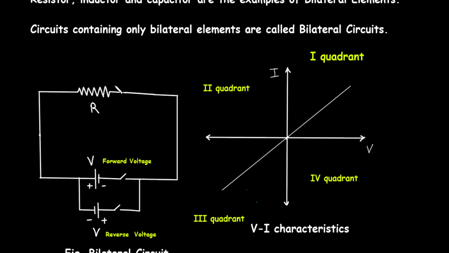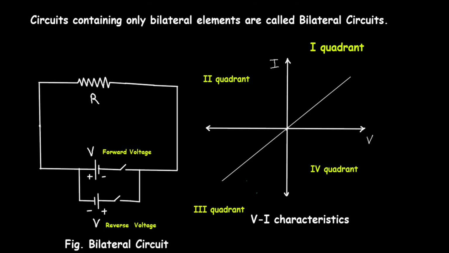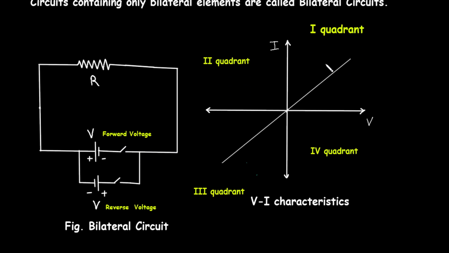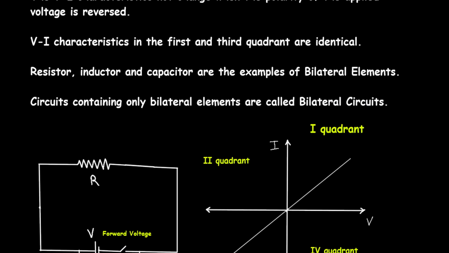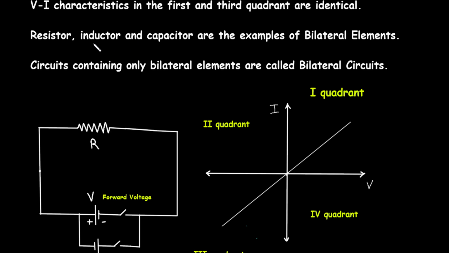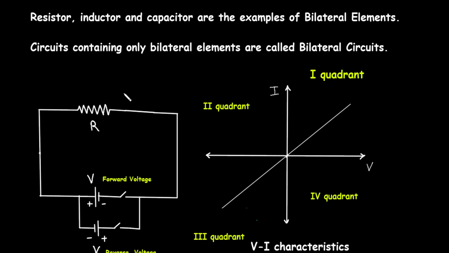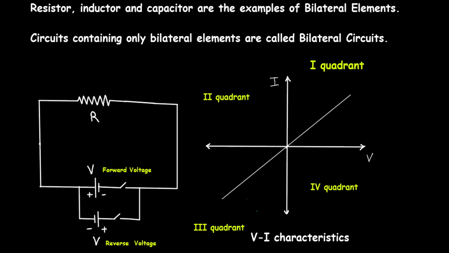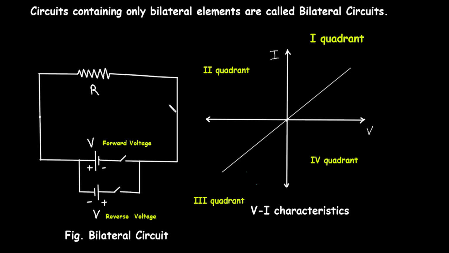Instead of resistor, it may be inductor or capacitor or a combination of all of these. It will be a bilateral circuit. That means its VI characteristics will be like this. Circuits containing only bilateral elements are called bilateral circuits. Remember that for the circuit to be bilateral, all the circuit elements should be bilateral elements.